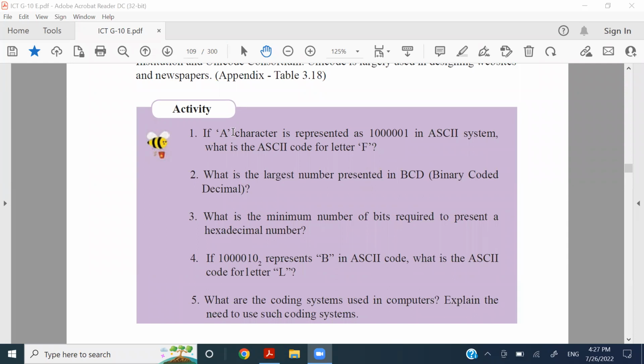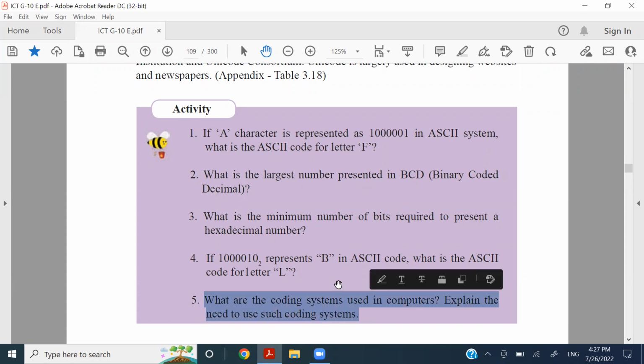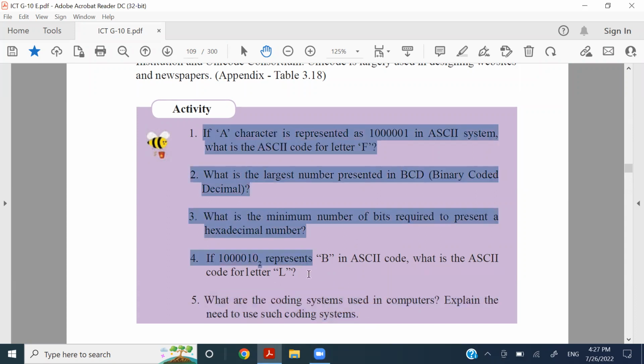Let's give it a try, people. You don't need to do the explaining part. So do the first 4 questions here.